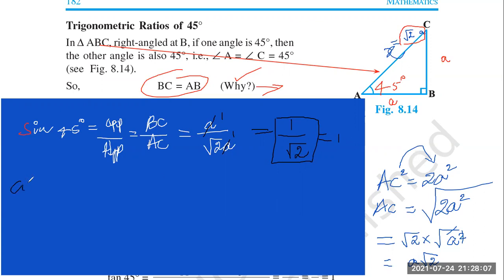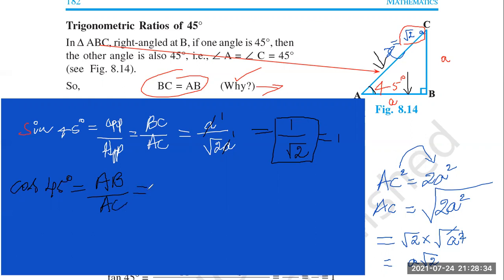Now if we try to find out the cos 45 degrees, the cos ratio of 45 degrees. Okay, so what is the ratio for cos of this 45 degrees? For this, it is adjacent upon hypotenuse. So adjacent is AB upon hypotenuse, which is AC.